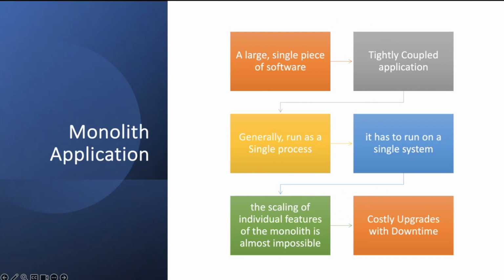Just think of any application of significant size, and if you have been in the industry for, let's say, more than 5 or 10 years, you must have some experience with such applications that have been built as a single process. For example, Firefox is one such application which is too heavy, right? And it is a single process.